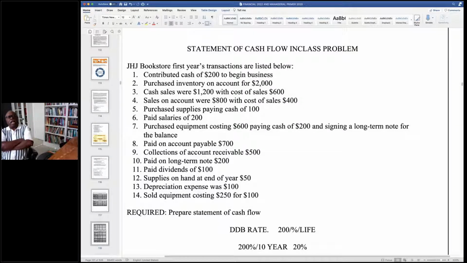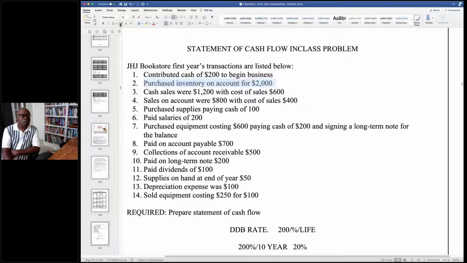This is the statement of cash flow that we're looking at. The first thing that we're going to do is to go in here and eliminate any transaction that does not involve cash. So if we purchase inventory on account, strike it.